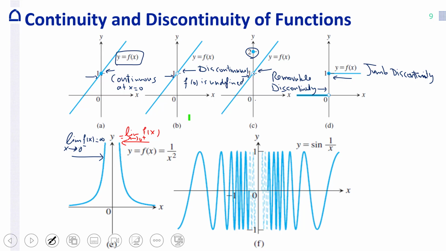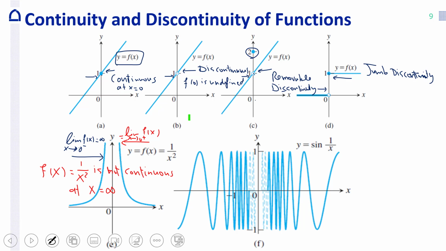Of course not. So f of x equal to 1 over x squared is not continuous at x equal to 0. Is this removable? If the value of the function is infinity, it is not defined. This is a question for you.